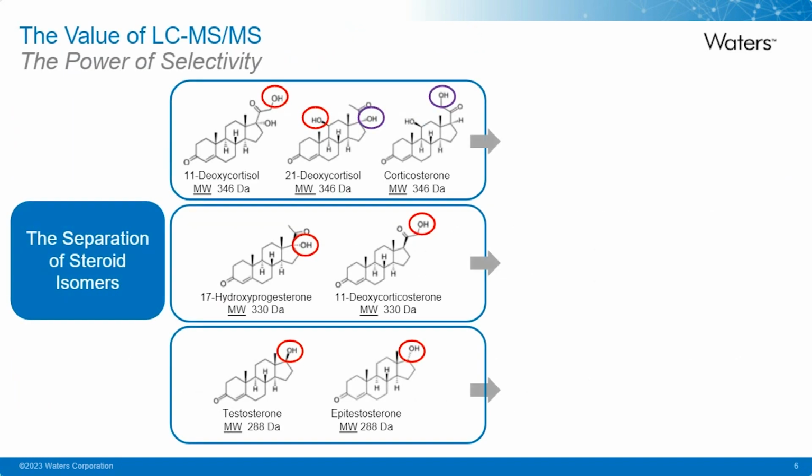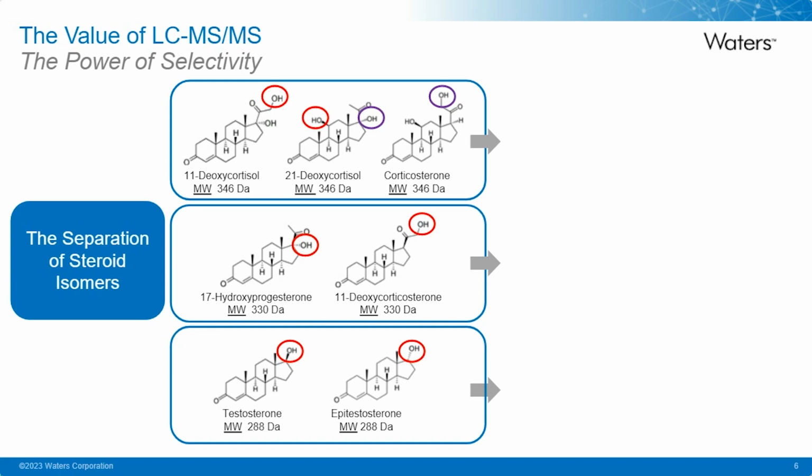And the power and value of LC-MS is demonstrated in this slide, where we have a series of different steroid isomers that could interfere with each other during immunoassay measurement, and even just mass spectrometry alone, where we have 11-deoxycortisol, 21-deoxycortisol, corticosterone, all isomers of each other, 17-hydroxyprogesterone, 11-deoxycorticosterone are isomers, as well as testosterone and epitestosterone.